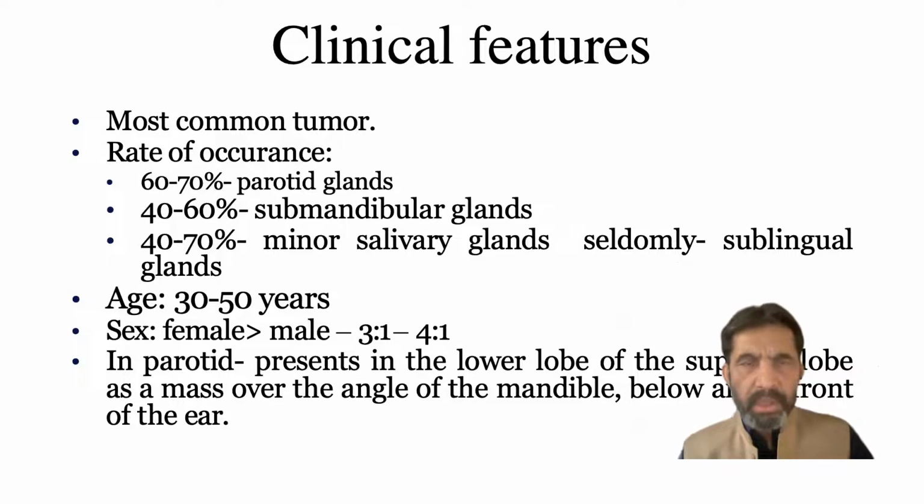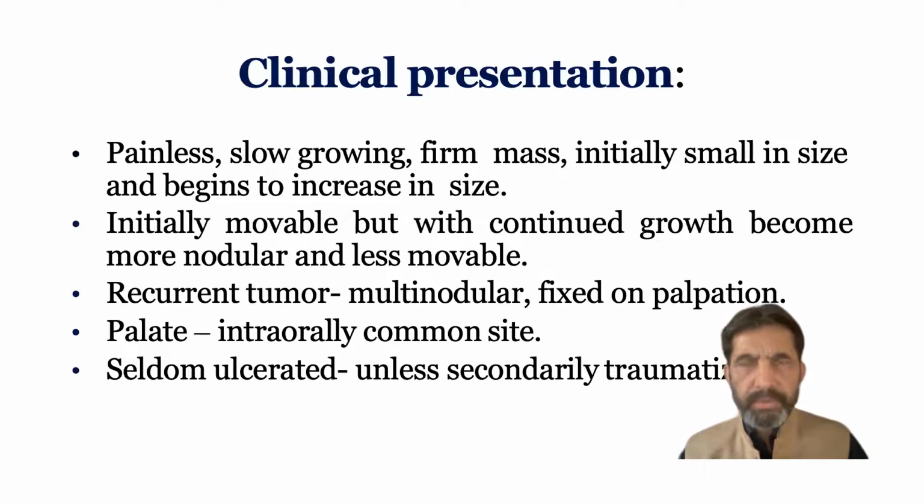It is the most common tumor, as we have already discussed the age and different clinical pictures, how the patient presents. Usually it is a painless, slow-growing mass, initially small in size and very slowly increasing. Initially it is movable, but with continued growth it becomes more nodular and less movable.